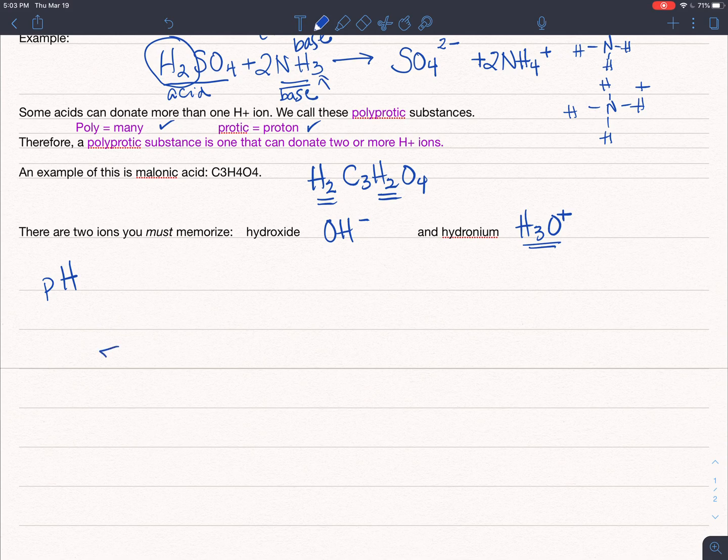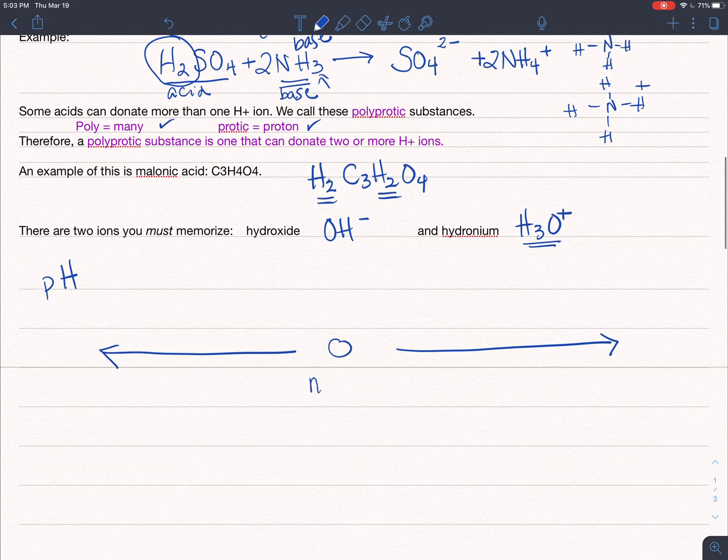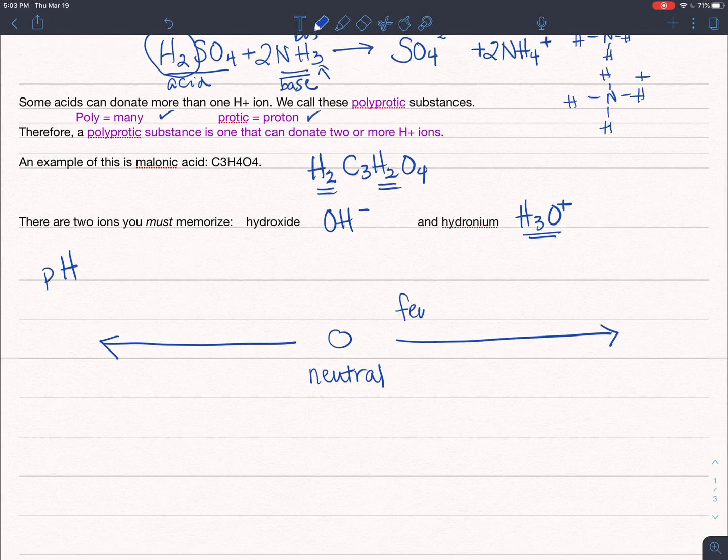Strangely enough, the way the pH scale works looks like this. All right, this is the neutral spot. When we move to the right, we have fewer H3O plus ions.